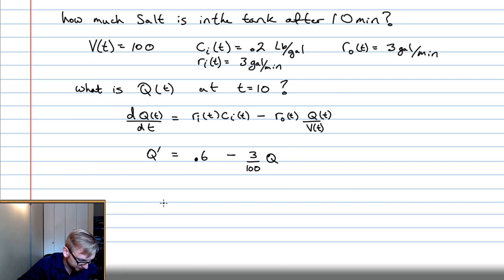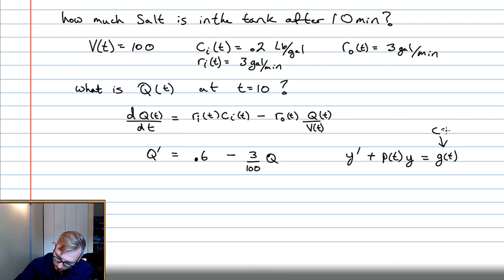So that's what we're solving for. So then we notice that we can get this back into the differential equation that we had before. So y prime plus p of t y equals, well, some number, g of t. In this case, we're a constant.